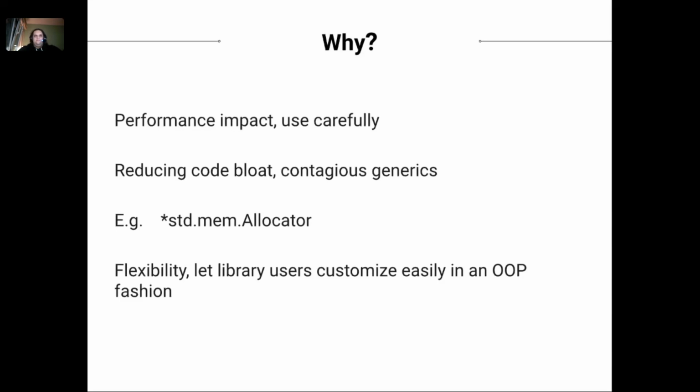One of the reasons we do this, and we do this currently in the standard library, is to reduce the code bloat and the amount of generics needed to write programs when we are using some type that is inherently polymorphic. For example, the allocator interface is very naturally a polymorphic type.